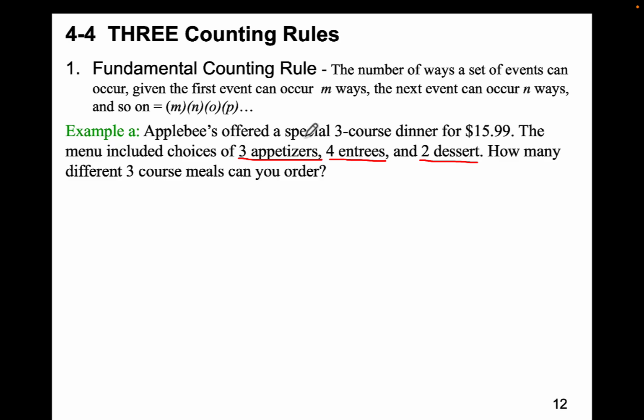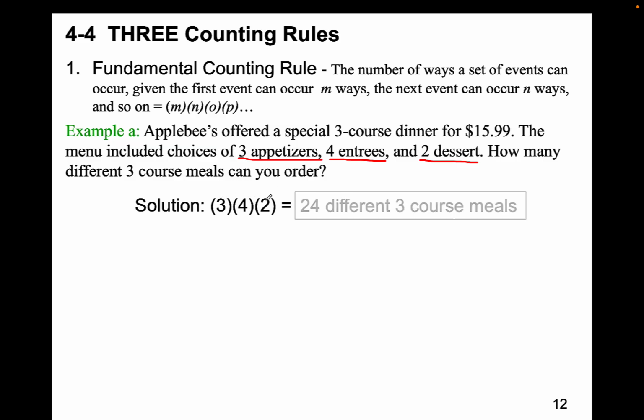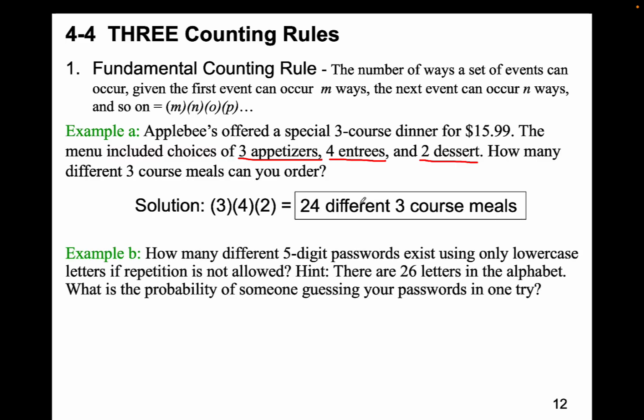It's just 3 times 4 times 2, because you could choose 3 different appetizers, 4 different entrees, and then 2 different desserts. Multiply those together, and it turns out there are 24 different 3-course meals that you could order for this Applebee's special. Let's try another one.